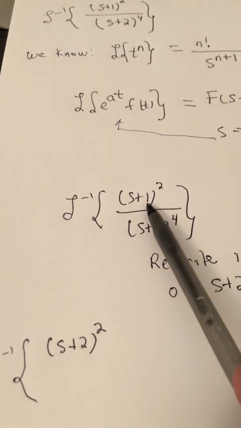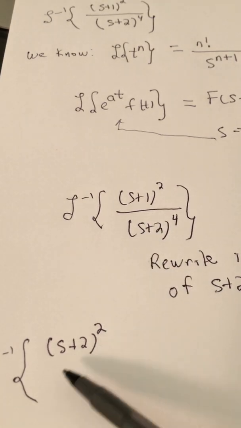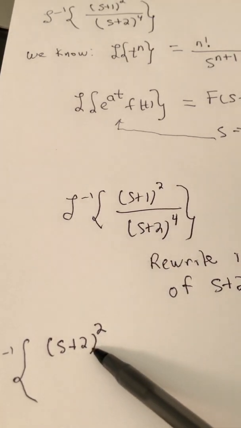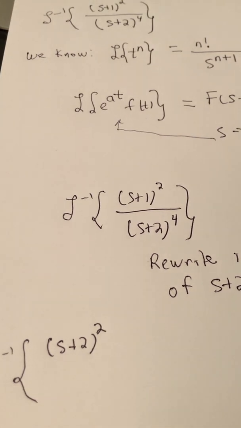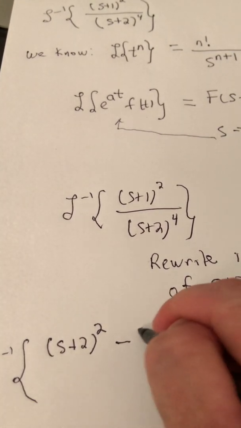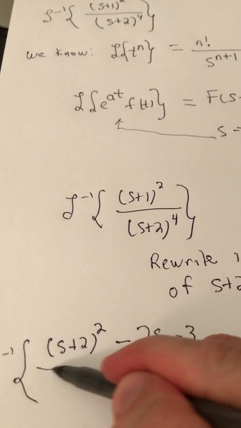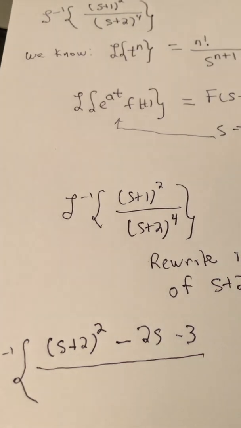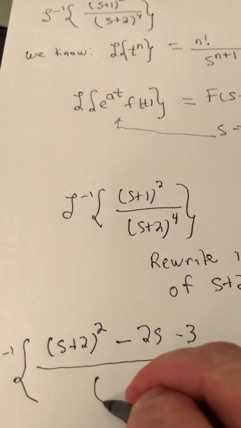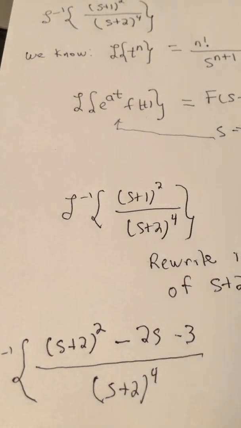If you were to expand this out, this would be s squared plus 2s plus 1. This would be s squared plus 4s plus 4. So to maintain the balance of the problem, we're going to have minus 2s minus 3. And again, all of this is over (s plus 2) to the fourth.